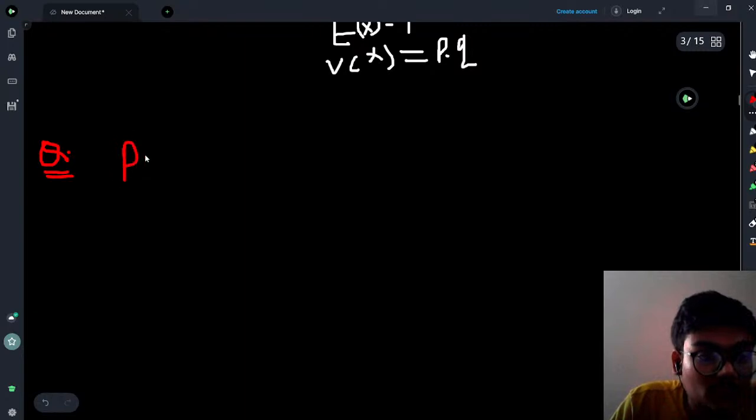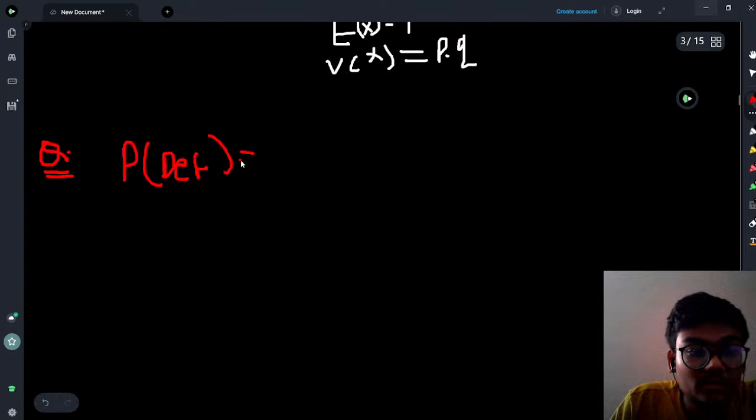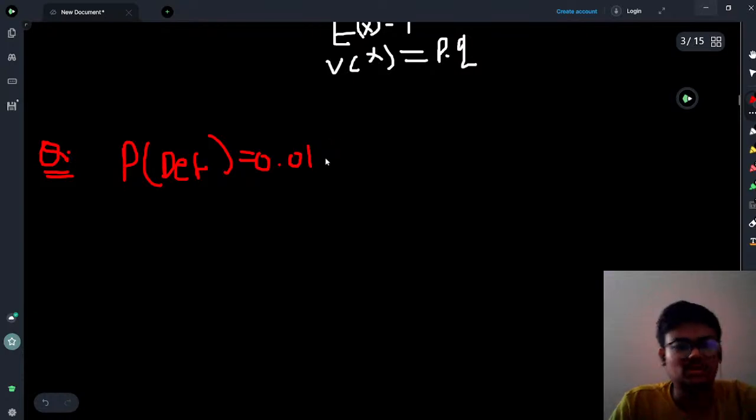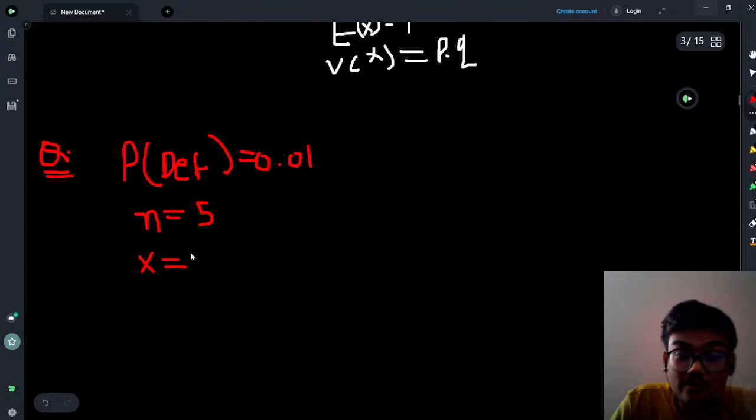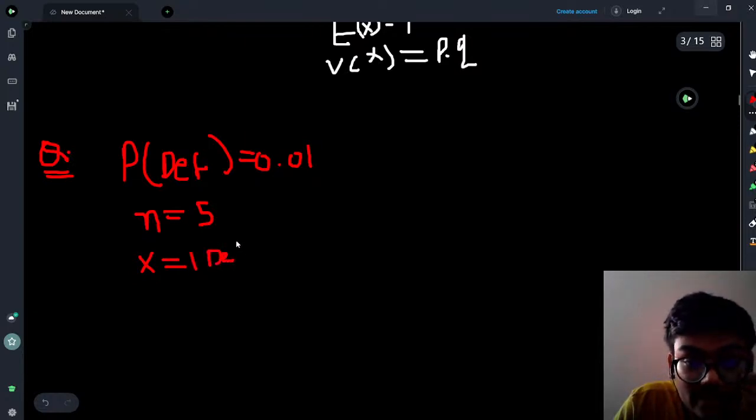So this is our one case. Now the probability that out of 5 successive pieces, so we know that n is 5, only one is defective. We also know that x is 1.